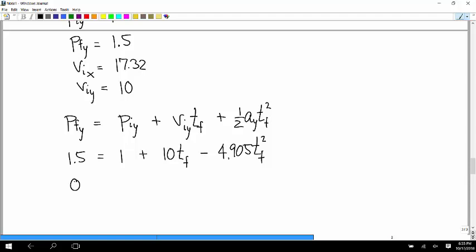Arrange this like a quadratic equation, and you get negative 0.5 plus 10 TF minus 4.905 TF squared. And what happens when you use the quadratic formula for this?